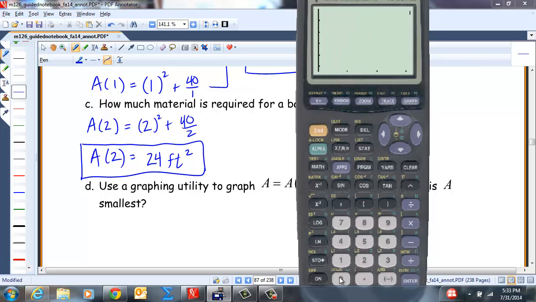So I'm going to go to zoom fit again. See what the window is. Okay, I guess that's fine. You know, let's try one more thing. Sometimes it looks odd when you do it at first, and let's go ahead and just zoom out a few times and see what we get.